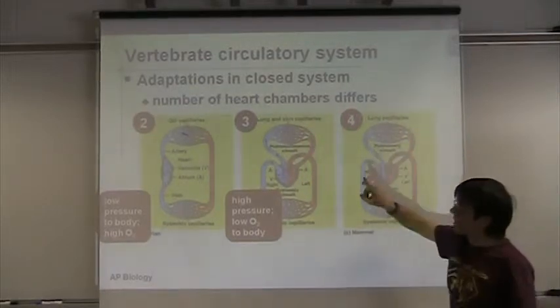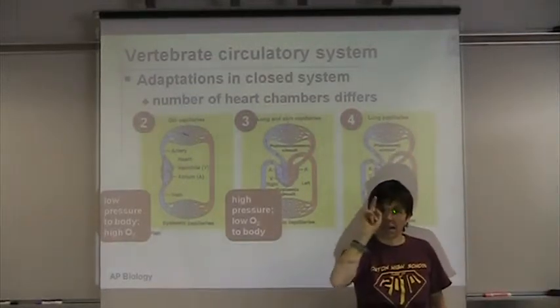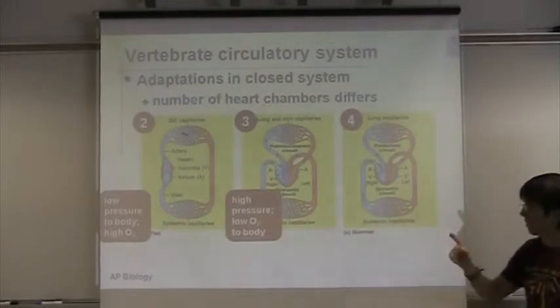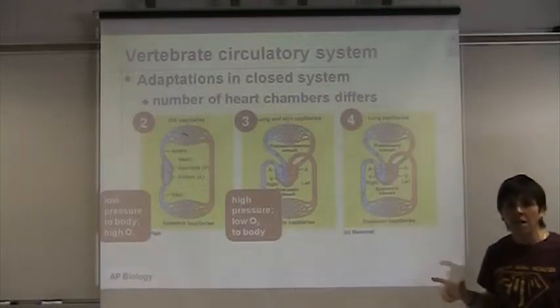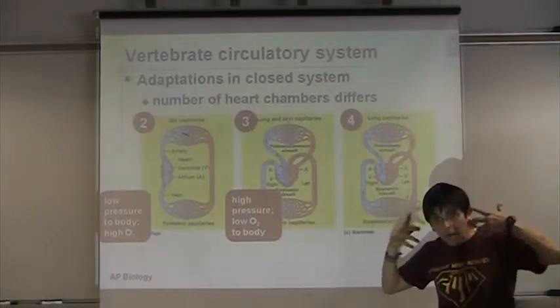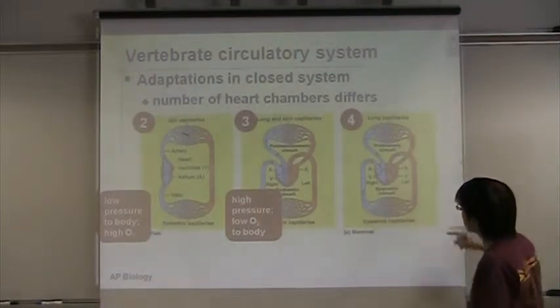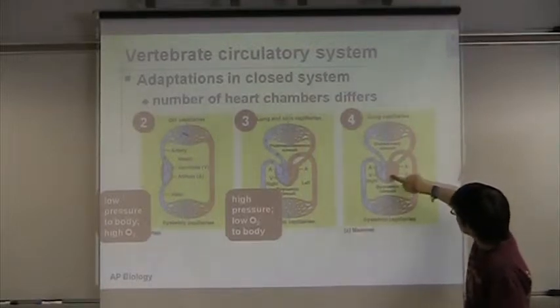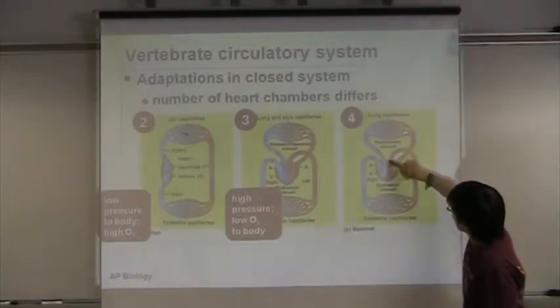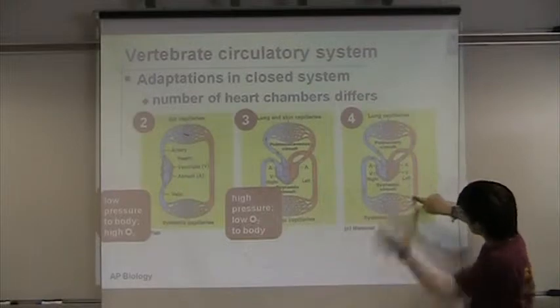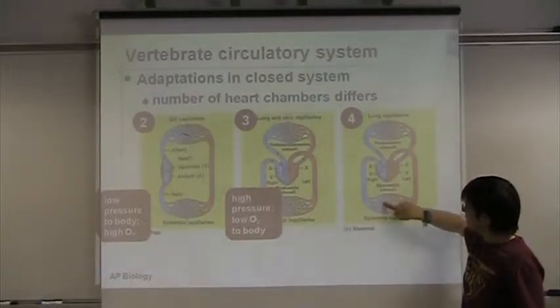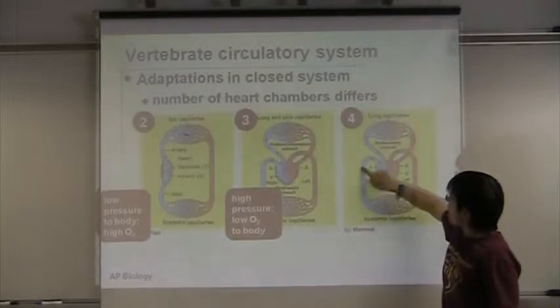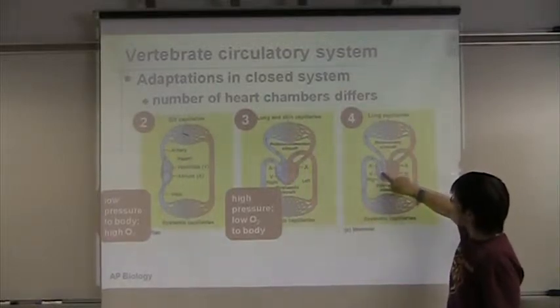So in all these examples, the best way to understand them, and you have to do it, no more shortcuts please, put your finger and follow the flow of blood and try to figure out in your mind and using your finger what happens. If I start here in the ventricle, go up, high pressure, shoom, deliver all this oxygenated blood to the body, come back, but notice I come back to the other side.